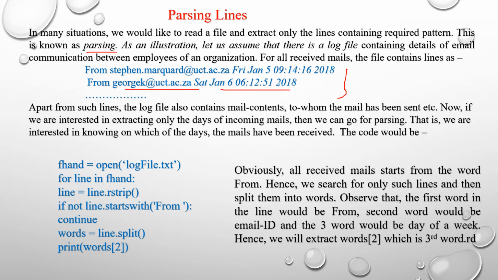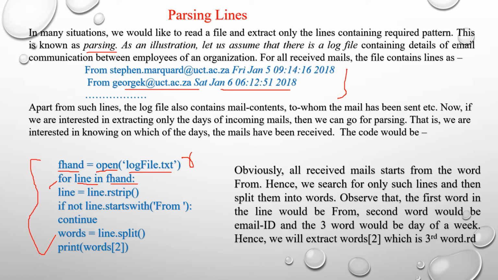So this is the code. First we have to create one file variable, fn. Let's say fn is equal to open, and this is the file name. The file is a text file, and the default mode is read mode. After that I declare a for loop, where line is the loop variable, using the in operator with my file variable name fn.